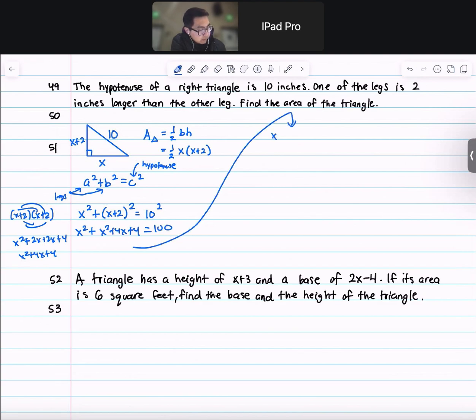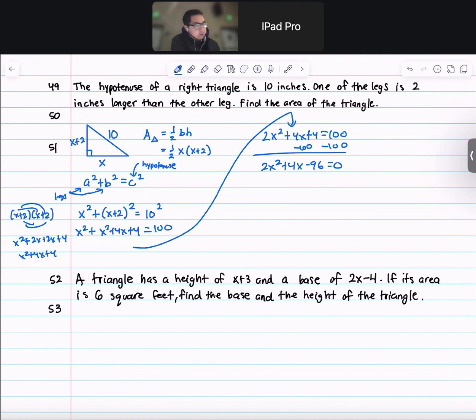So we got 2x squared plus 4x plus 4 equals 100. We want to set the equation equal to 0, so subtract 100 from both sides. 2x squared plus 4x minus 96 equals 0.